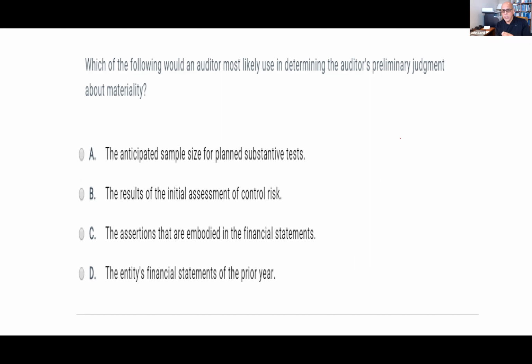That's a consideration throughout the audit, practically until you issue the report. You keep thinking about materiality, and you may need to change it as you move along. I don't know about the day before you're issuing the report, but it's basically going through all phases of the audit. You keep reconsidering that materiality if necessary. So which of the following would the auditor most likely use in setting materiality?